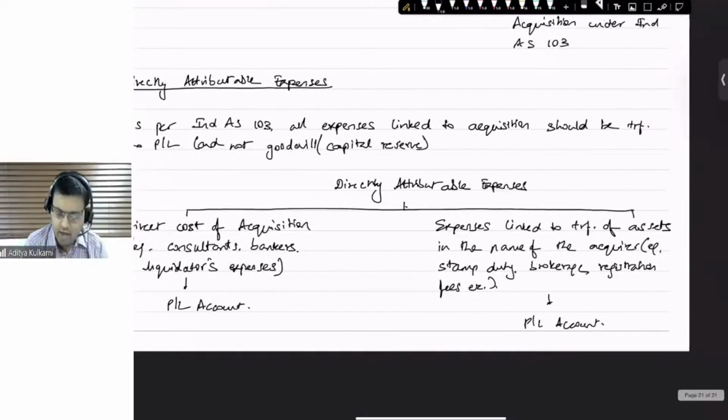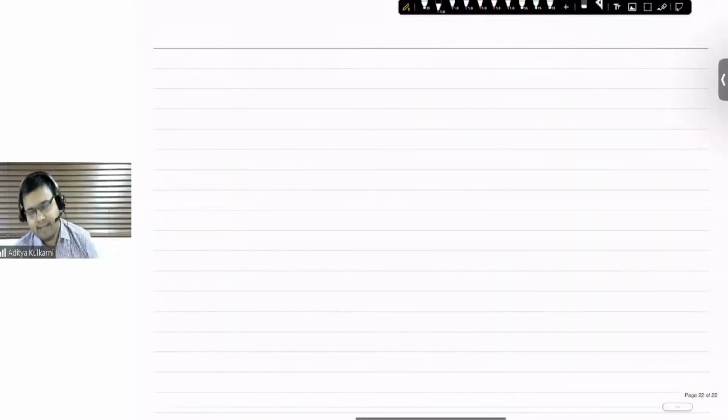Okay. The reasoning is assets or liabilities have to appear at fair value.